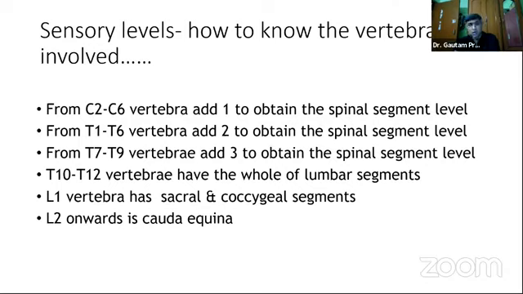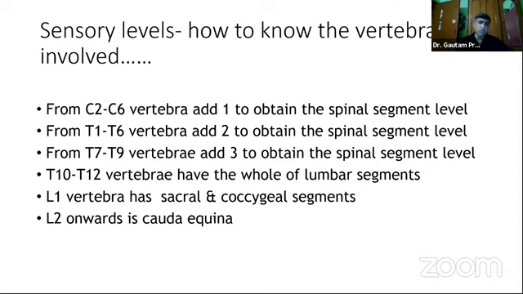Also, once we localize where the sensory level is, the common question arises, or the examiner is very keen to know, how do we clinically note down where the spine is getting affected. So if we don't have an obvious deformity or a prominent spinous process present, then the sensory level comes to help.